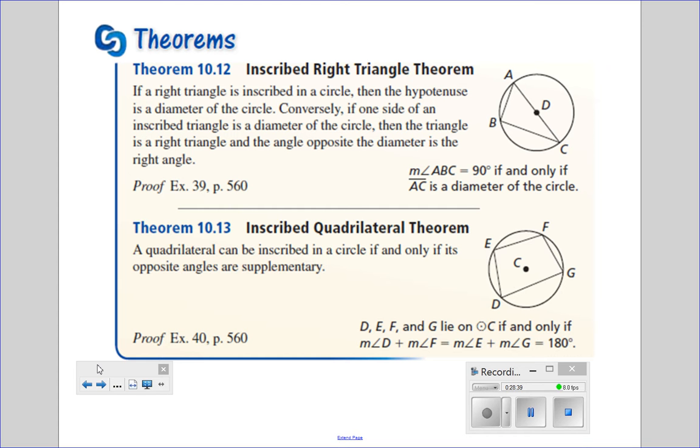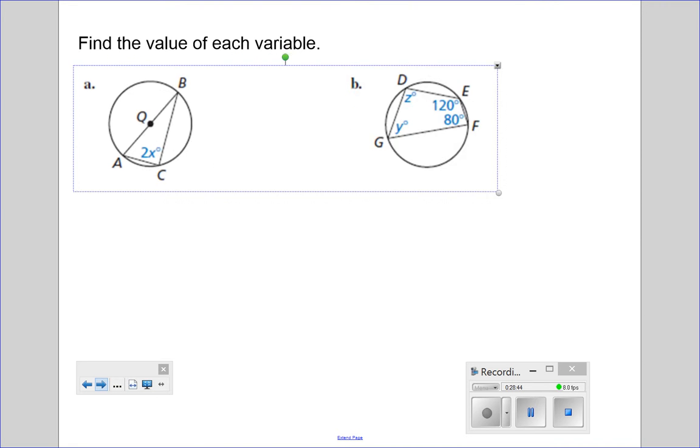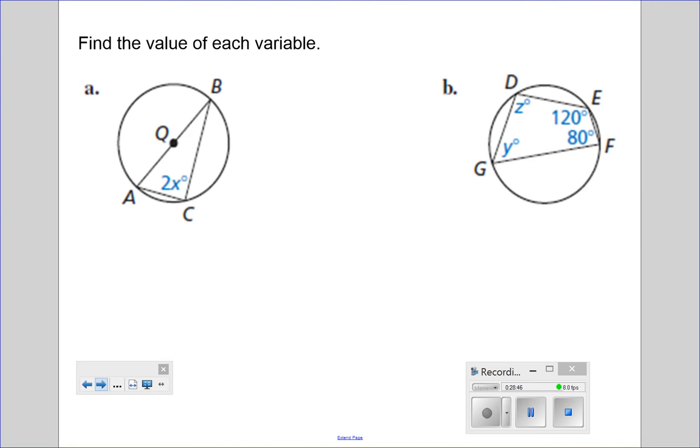Fun. Yeah, okay, cool. So, find the value of each variable. Oh boy. So this side length right here, what do we know about it in terms of its relation to circle Q? It's the diameter. So, since this is the diameter, what do we know about it in terms of the triangle?